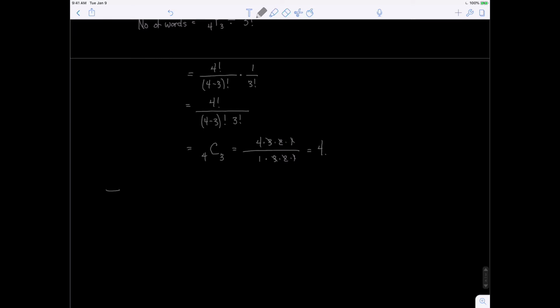And in general, we say n choose r is equal to n factorial divided by n minus r factorial times r factorial.